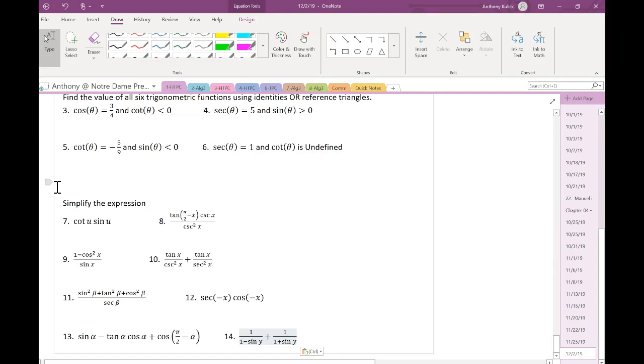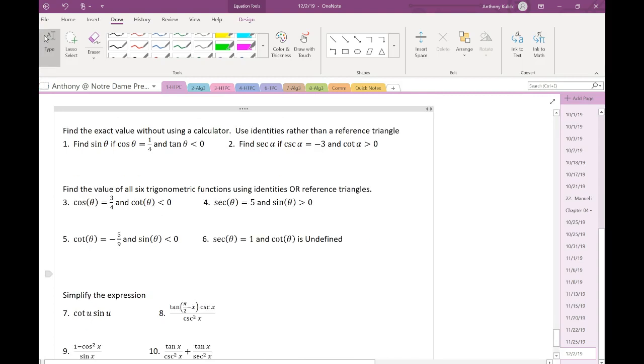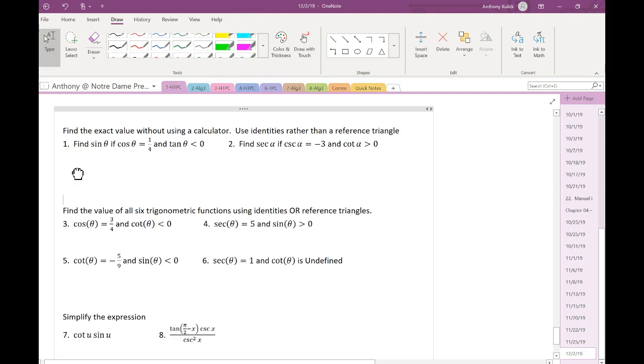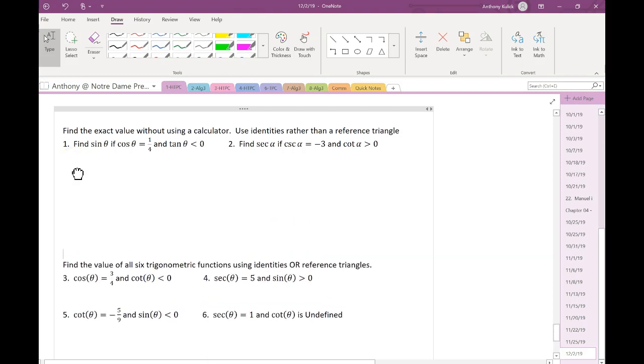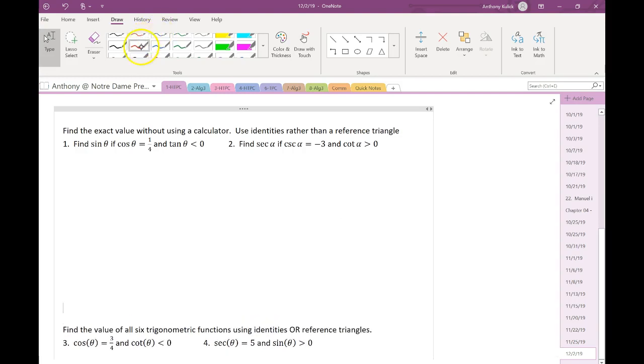Okay, so this was the section 1 homework. Which problem did you say you wanted to look at? Well, I can't probably do all of them. 1 and 2. Okay. All right.